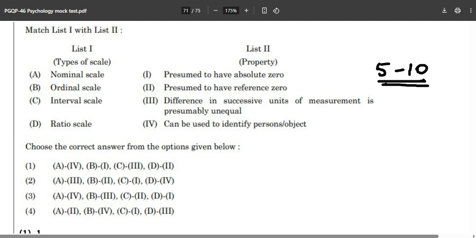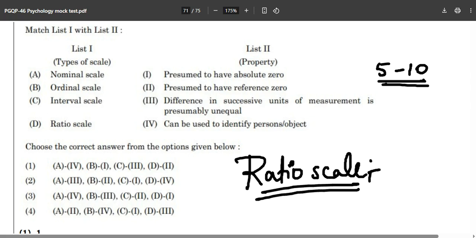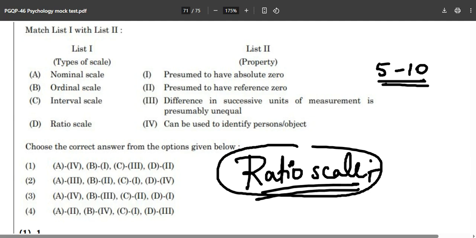Now the time is up. Only and only in the ratio scale, for your entire lifetime, as long as you are alive, there will be a scenario of having an absolute zero. Only in the ratio scale. So what does the ratio scale signify? It has the property of presumed absolute zero.